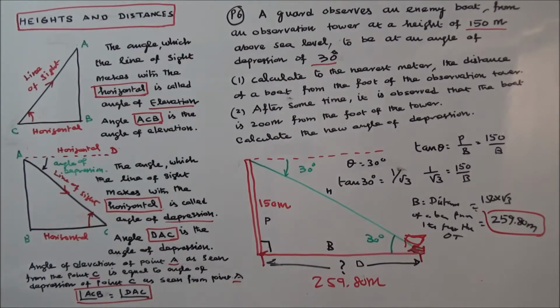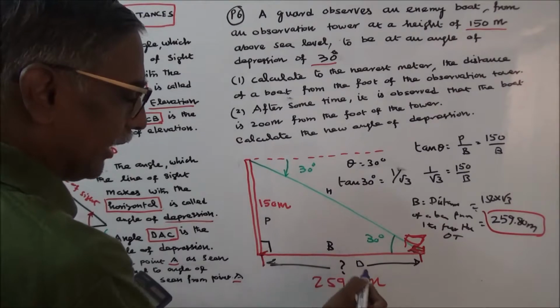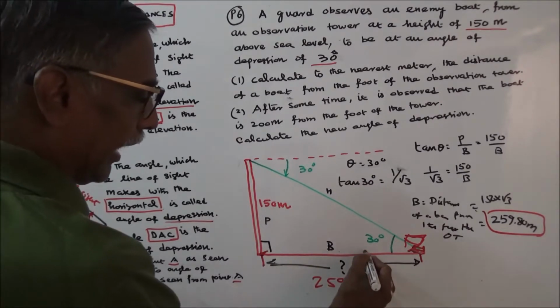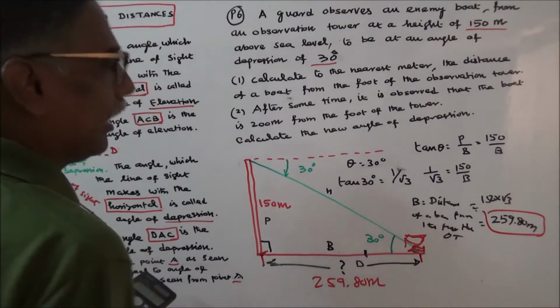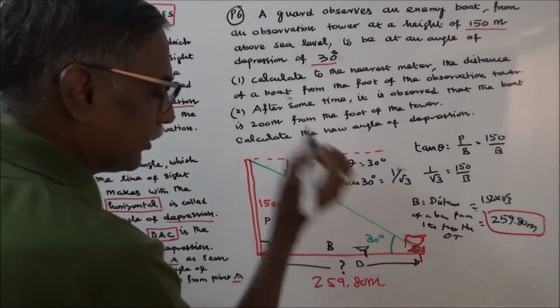Second question: after some time, it is observed that the boat is 200 meters from the foot of the tower. The boat was at 259 meters earlier, and now it is at 200 meters.